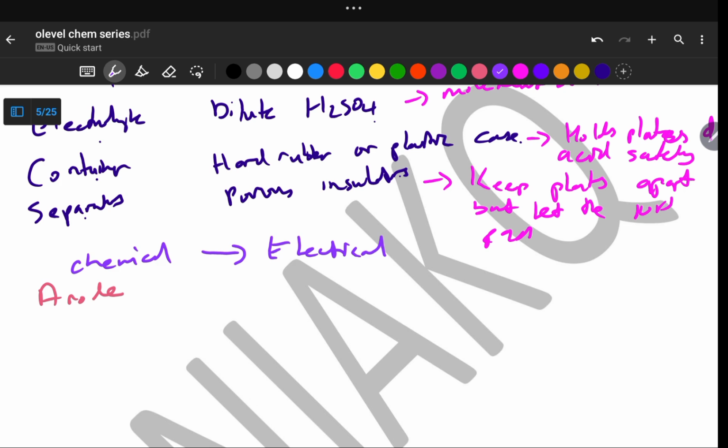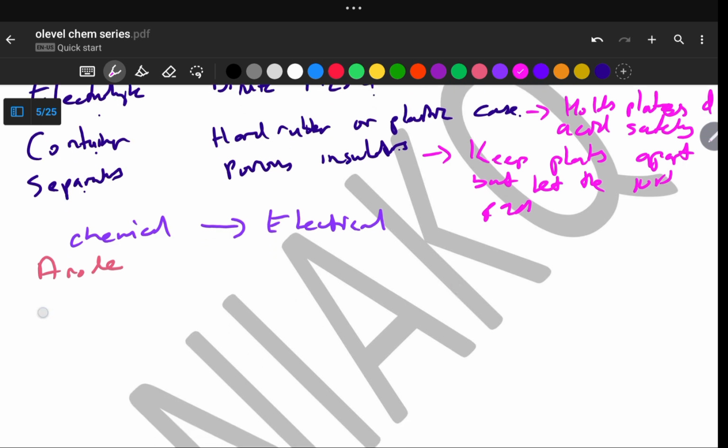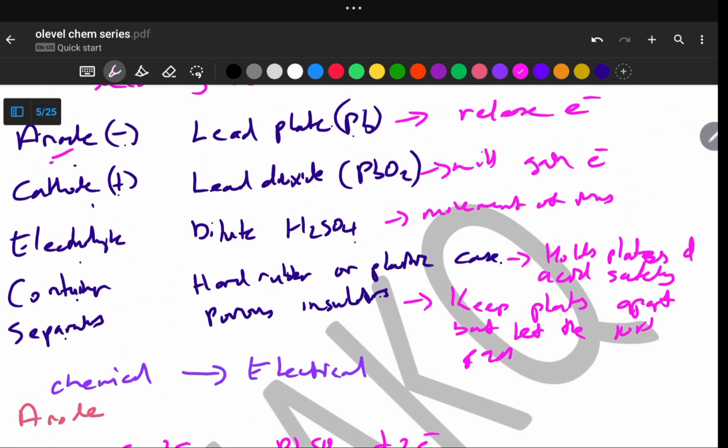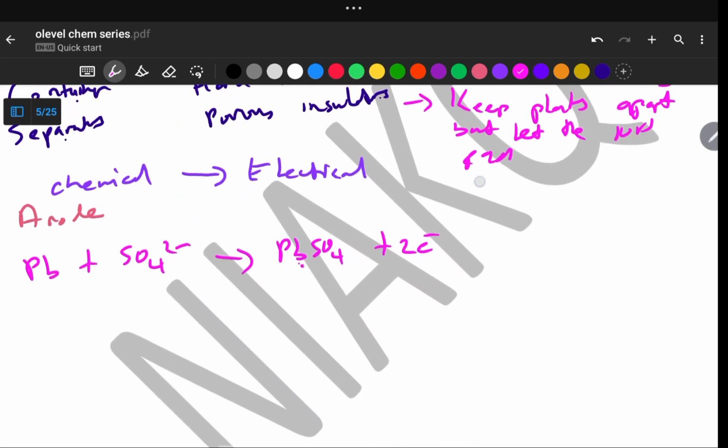The chemical equation at the anode is lead metal plus the sulfate ion to give lead sulfate plus 2 electrons. Simple as that. So this is lead 2, right? It's not lead 4. Lead 4 we have at the cathode, not the anode, right? So you must take note of that.